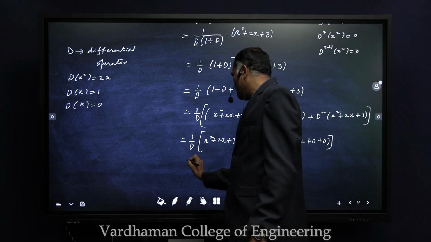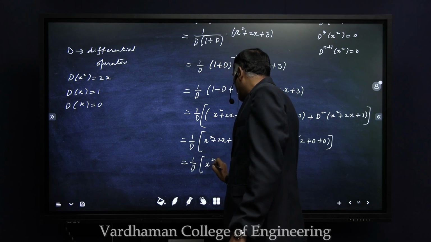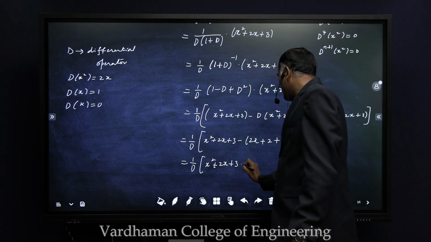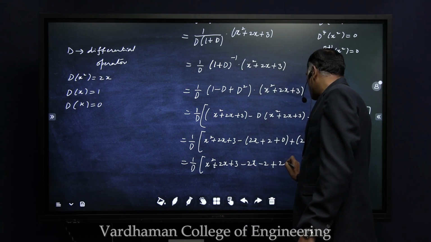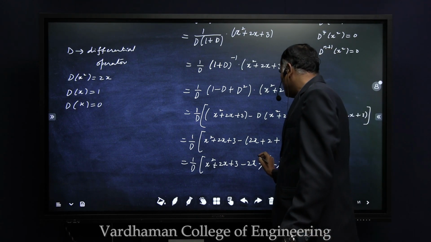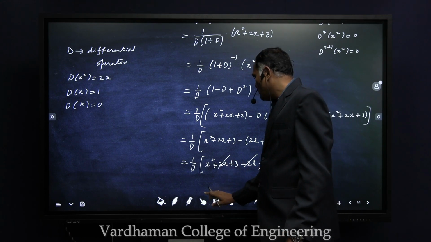Let us simplify further. 1 by D times x square plus 2x plus 3 minus 2x minus 2 plus 2. Here plus 2 minus 2 can be cancelled, minus 2x plus 2x can be cancelled.